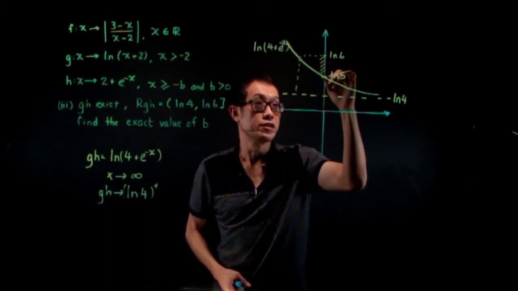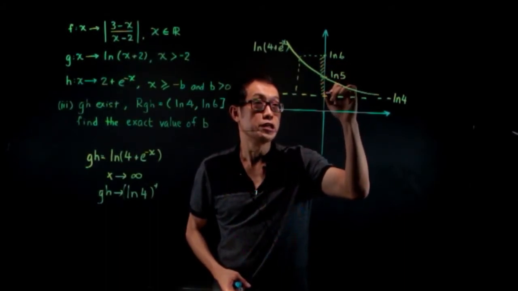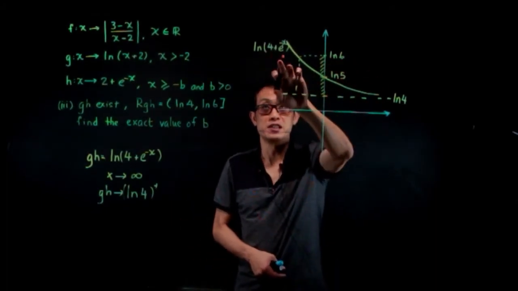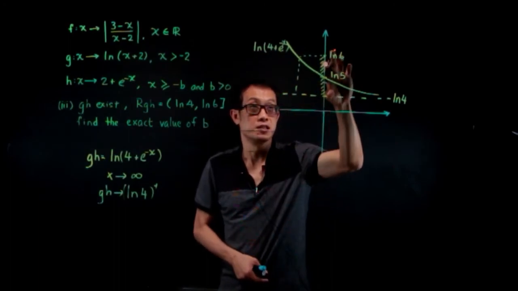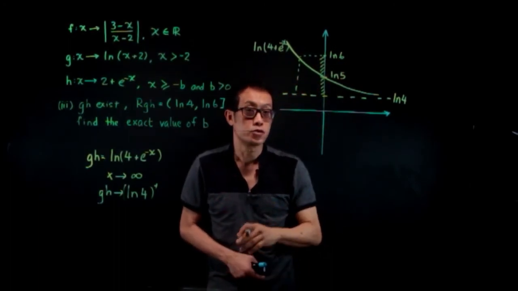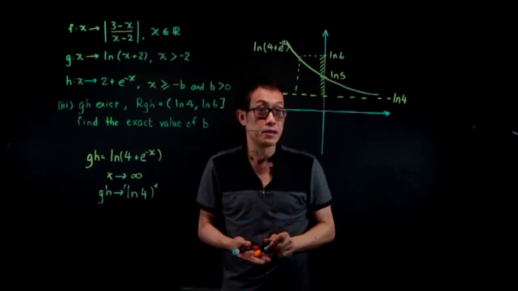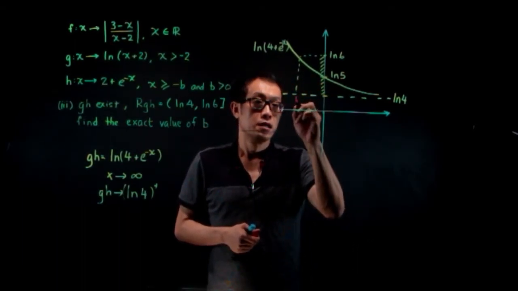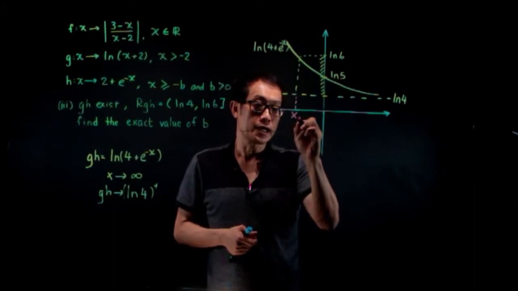It is given that the range of this function is given as such. It's between here. So what values of x must it take? Let's say I call this x1.